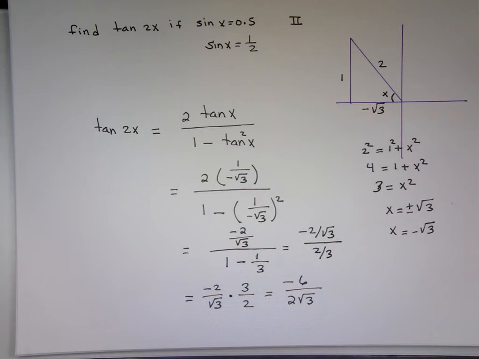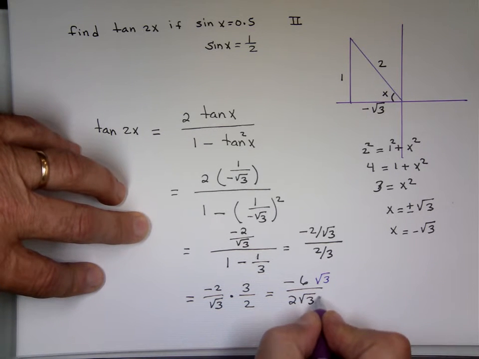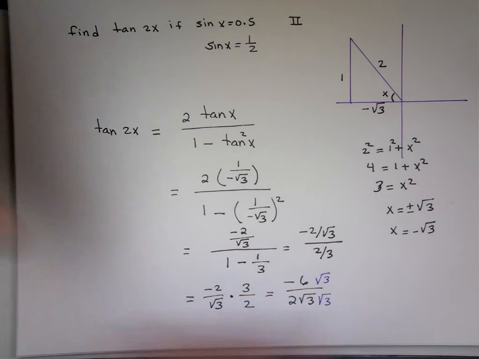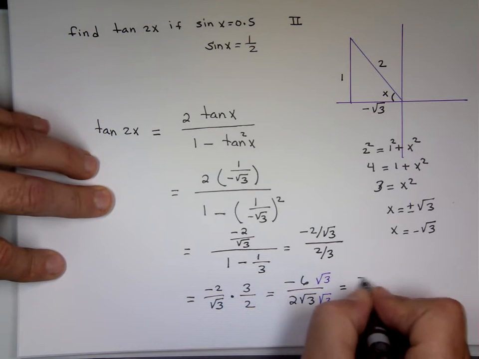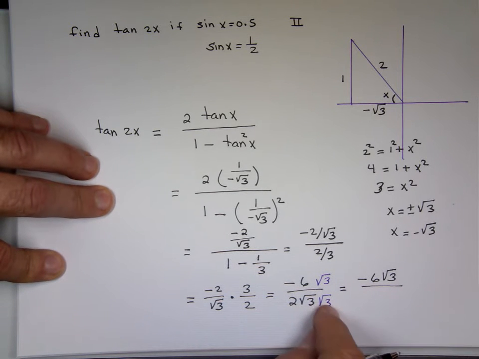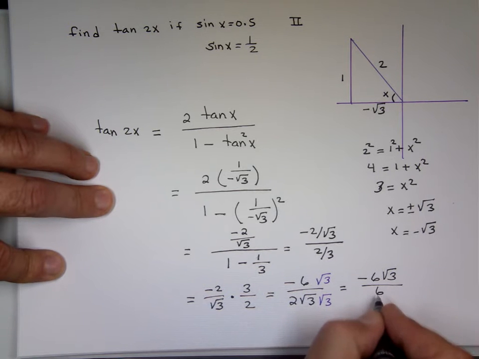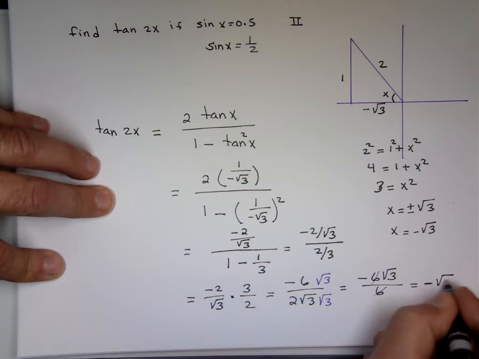So we're going to multiply the top and the bottom by what? Square root of 3. So negative 6, the radical of 3, over what's the square root of 3 times the square root of 3? 3, times the 2, 6, and the 6's cancel each other out. Negative the square root of 3.